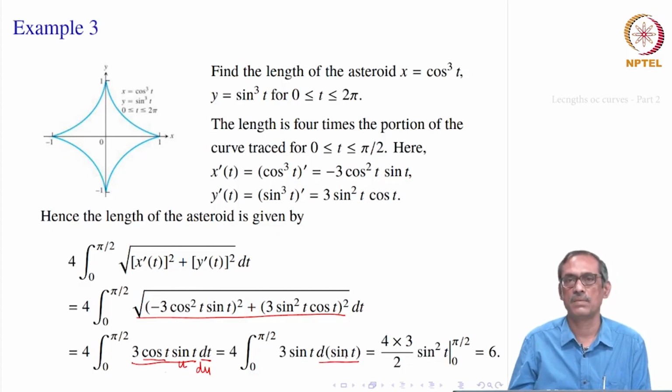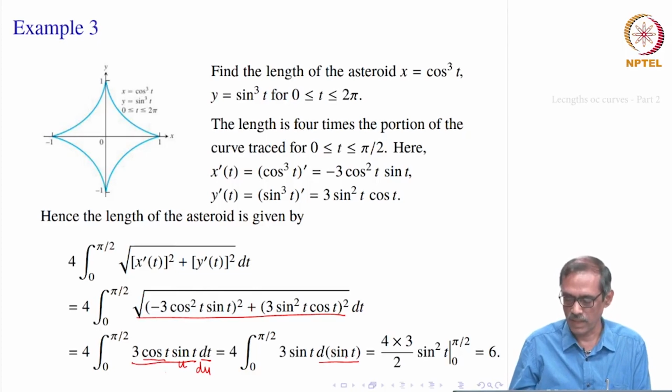Directly we can write it instead of going for this substitution. So, it is the integral of 3 u, right. So, 3 remains and then u becomes u square by 2, so sine square t by 2, and we have a 4 here, and that is to be evaluated at 0 and pi by 2 and subtracted out.